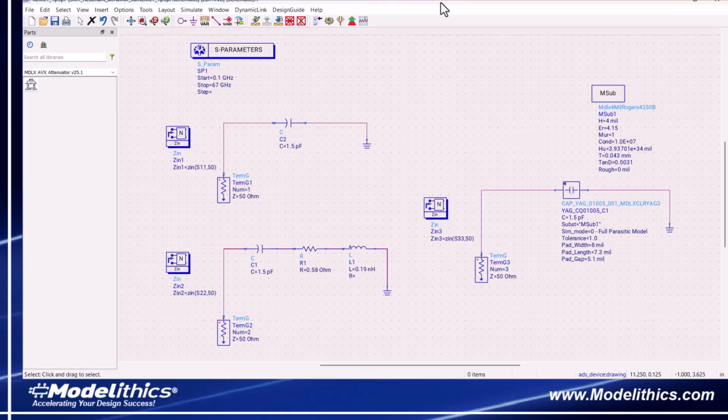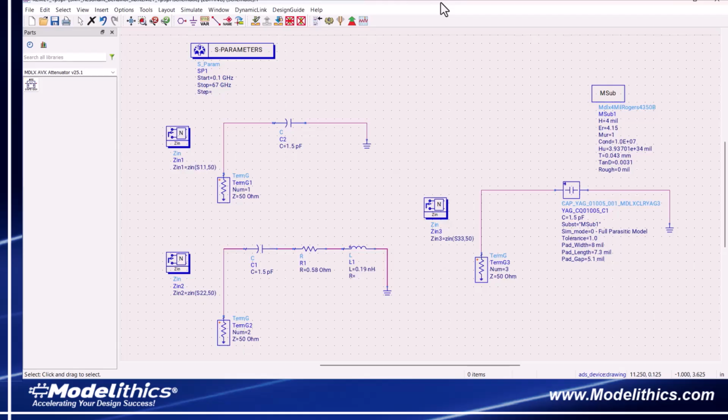This simplified model is a frequently used representation. However, the reason why we're calling it a simplified model is because a real-world MLCC has additional parallel parasitic elements that are not included here. We'll get into that a little bit later on.